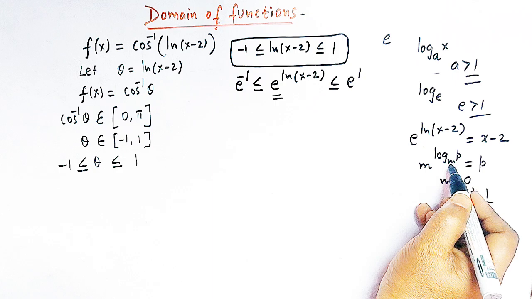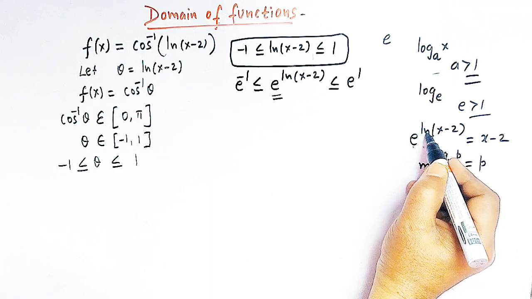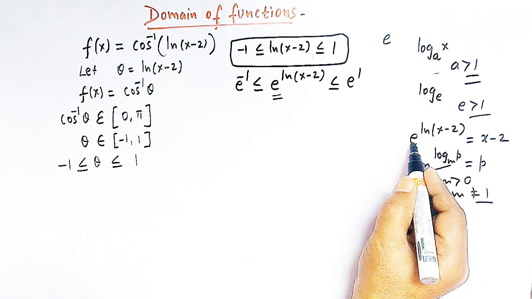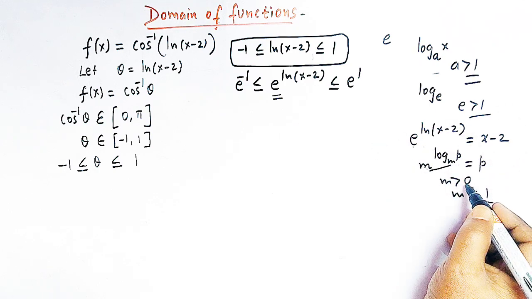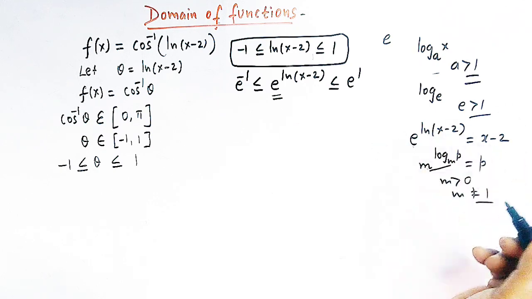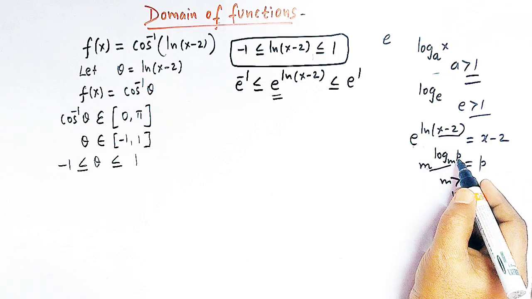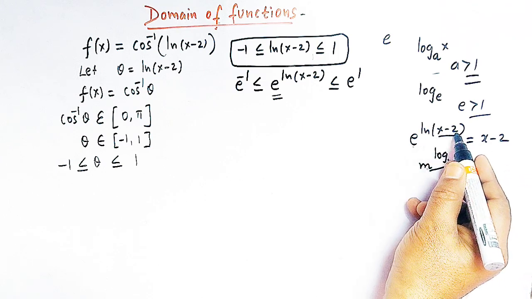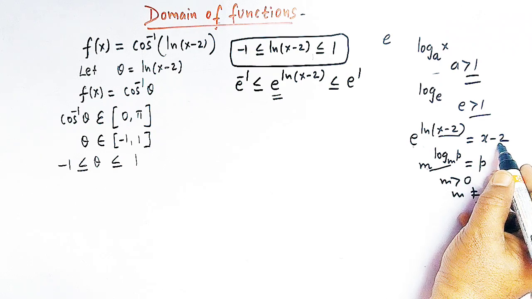And here the base of this log is e, so the value of m is e, which is obviously greater than 0 and not equal to 1, and the value of p is x minus 2. So e raised to natural log of x minus 2 is equal to x minus 2.